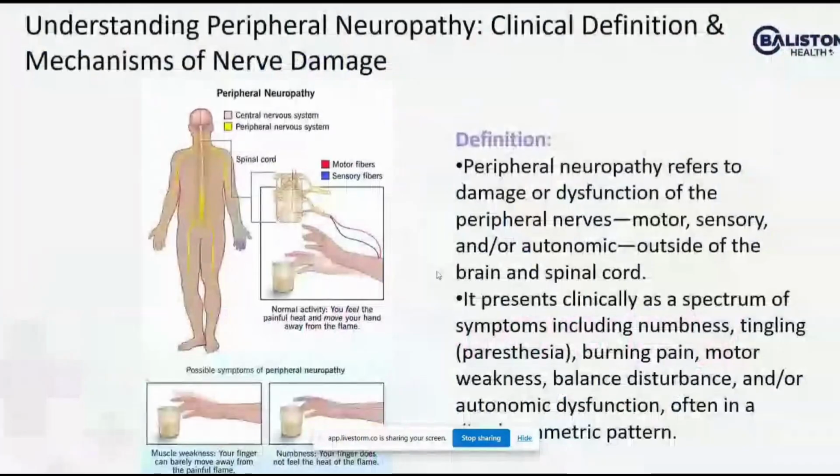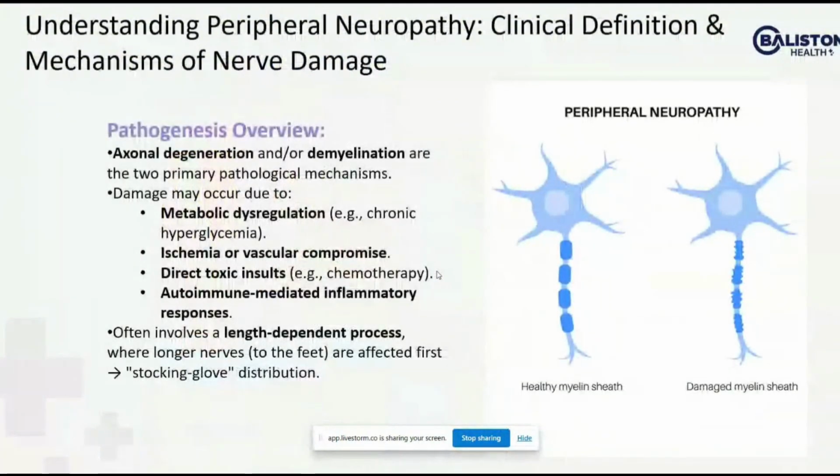Yeah, so this is the start, and I was just talking about the pathophysiological process as it's related to peripheral nerves. The pathogenesis is really destruction of the axon and the myelin sheath, if it is a myelinated type of nerve. And of course, that's going to impact its conduction.